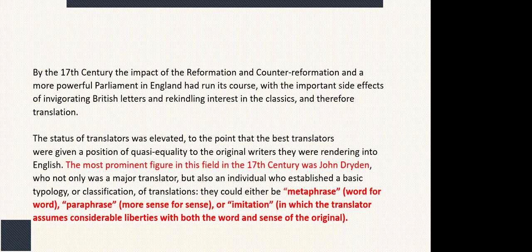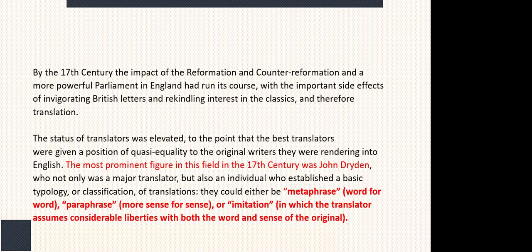So the status of translators was elevated. Okay, so from being disregarded back then, or not considered academic, in full force.